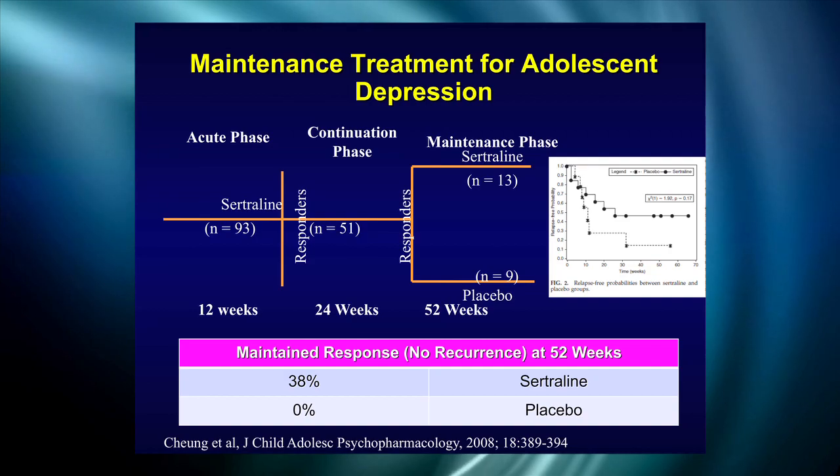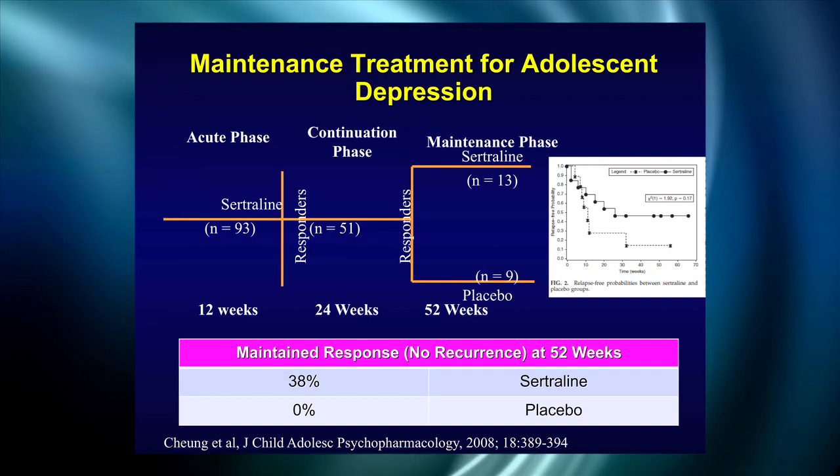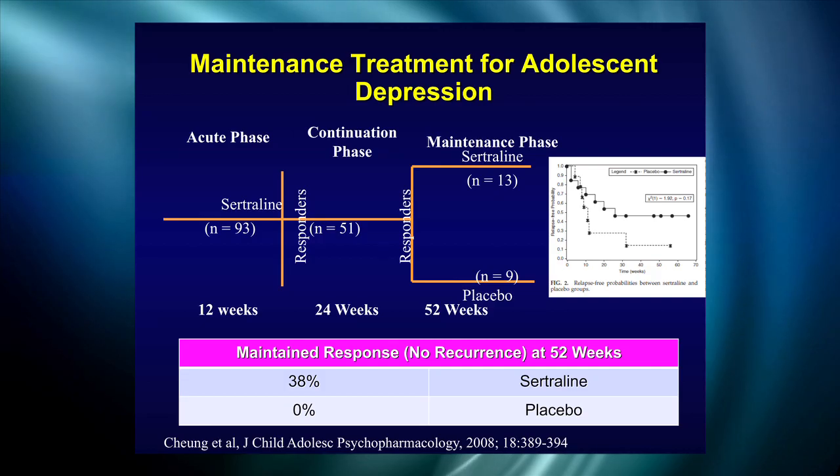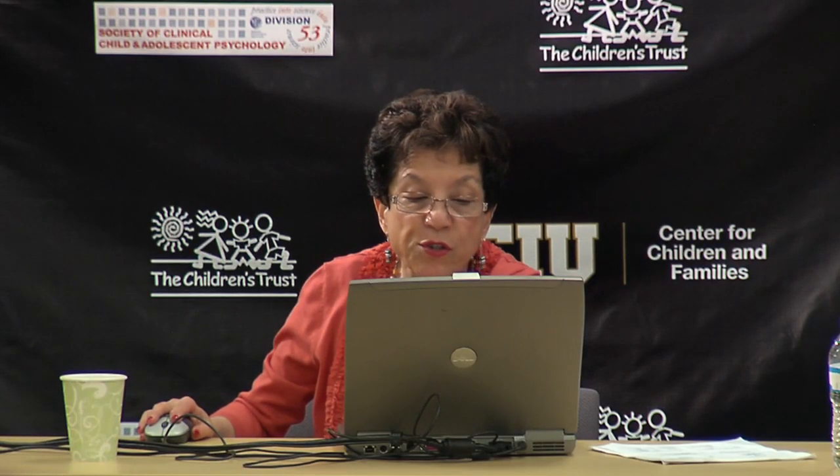And by and large, 38% of people who were on the sertraline maintained their response, whereas none of the people on placebo maintained their response. So that was a significant difference. It doesn't knock your socks off, but it does say that there is some edge to continuing the medication out for at least a year.